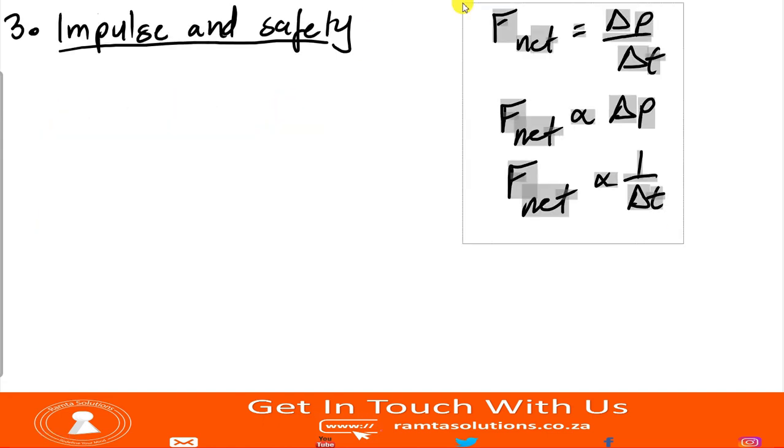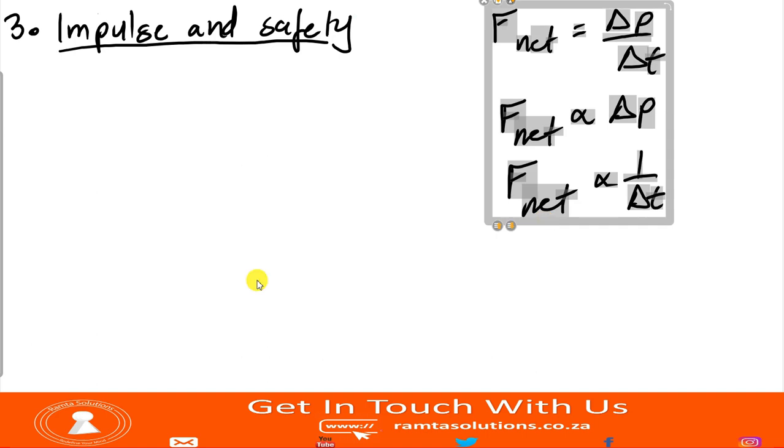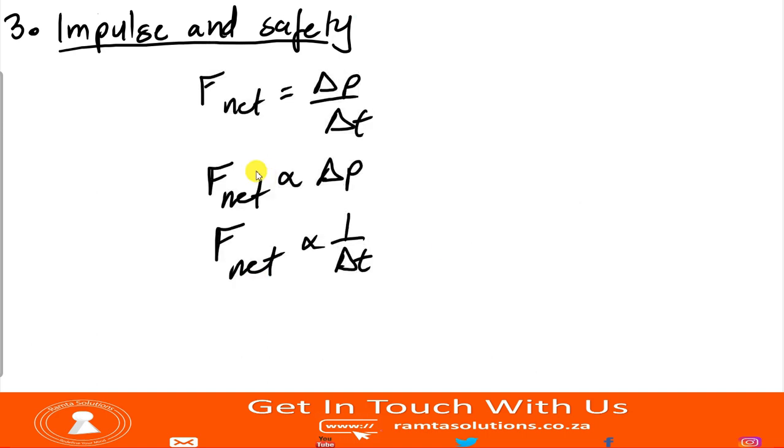So, with the application of impulse, we say F net is equal to delta P over delta T, right?